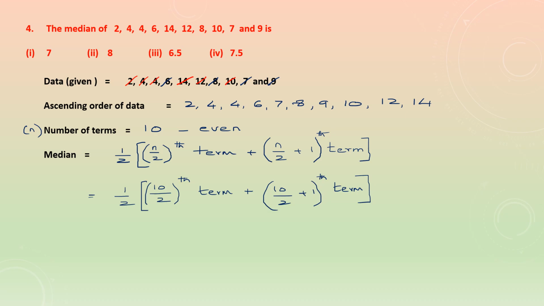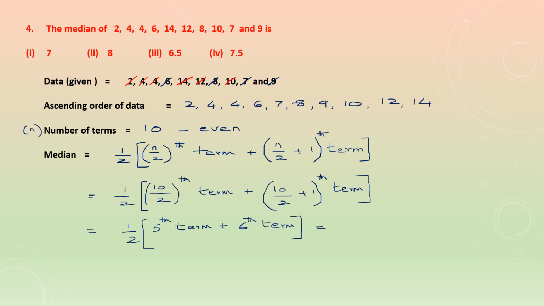So let's simplify this further now. Here we have 10 by 2. 10 by 2 is 5. So that means the fifth term plus, here we have 10 by 2, that is 5, plus 1, that is the sixth term. So let me write that straight away here. The fifth term plus the sixth term, and you divide it by 2.